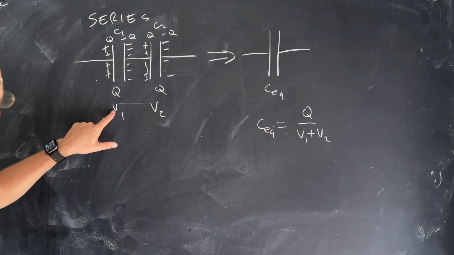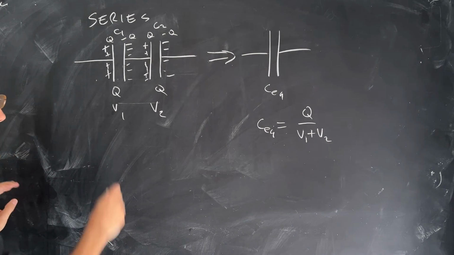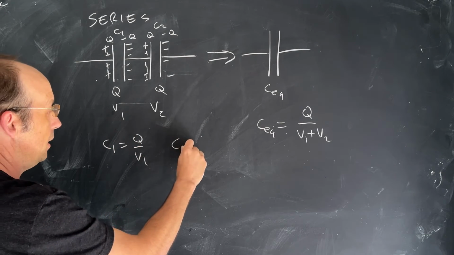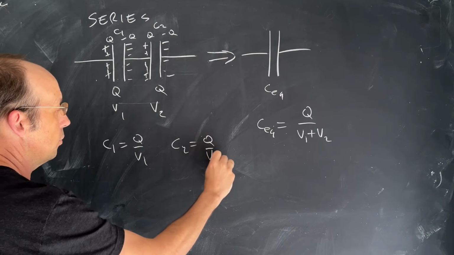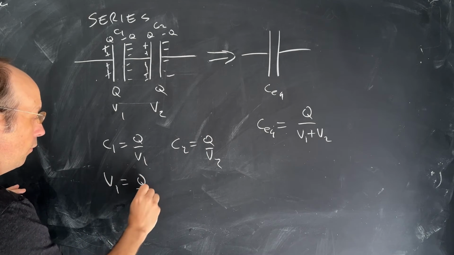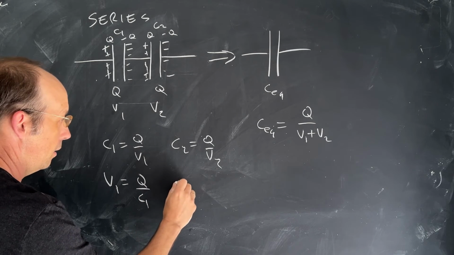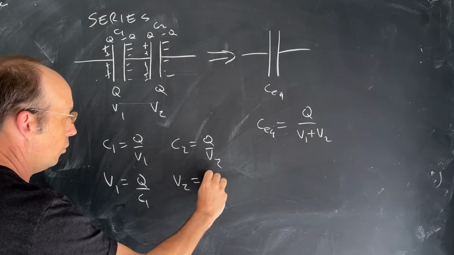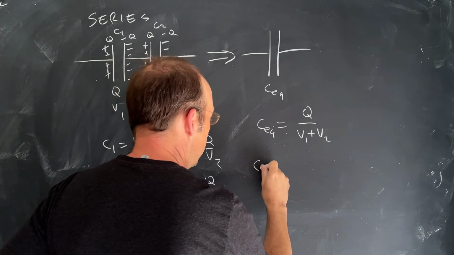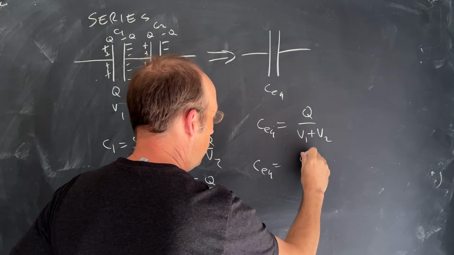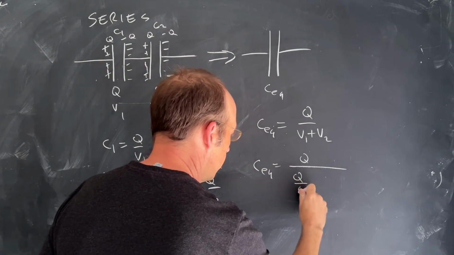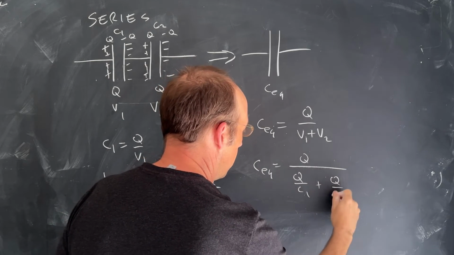If I use the equations over here for capacitance, I can say C1 is Q over V1, C2 is Q over V2. So if I solve this for V1, I get V1 is Q over C1, V2 is Q over C2. And if I put these two in over here, I get C equivalent is Q over V1 plus V2, which is Q over C1 plus Q over C2.